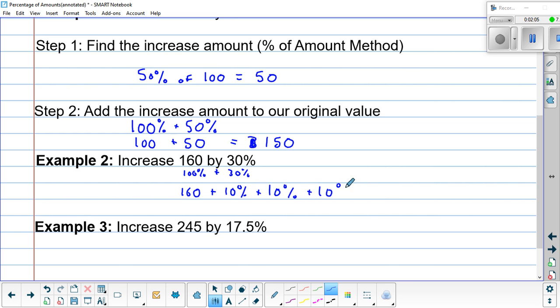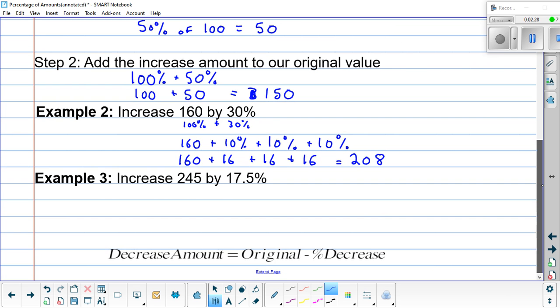We're just breaking it up like we've done before, only we're adding on this original value. So 10% is 16 plus 16 plus 16. That ends up being 160 plus 48, so that should be 208.